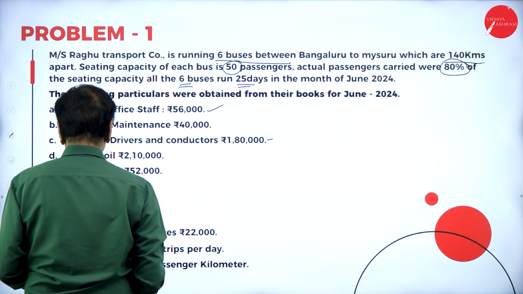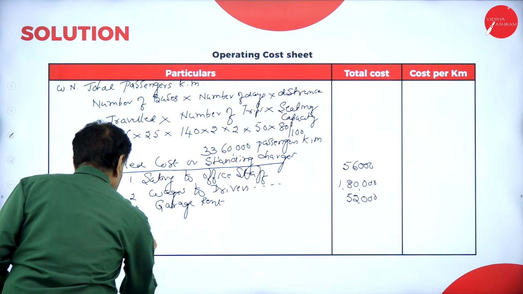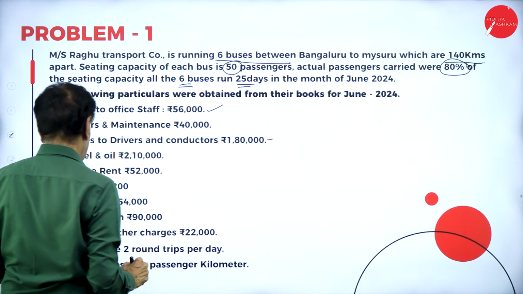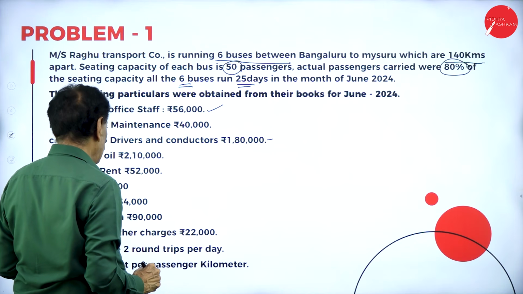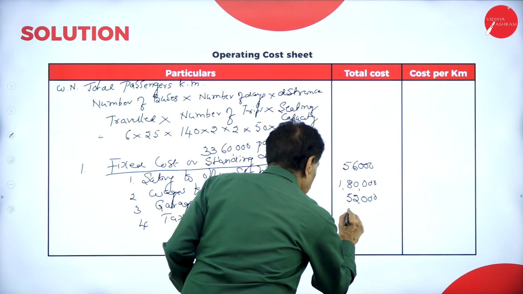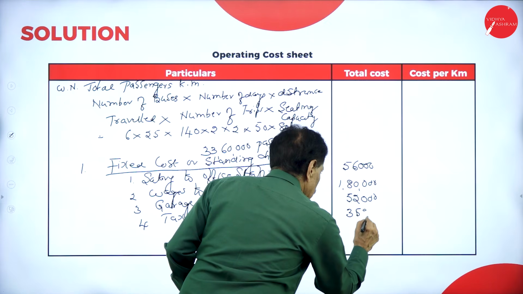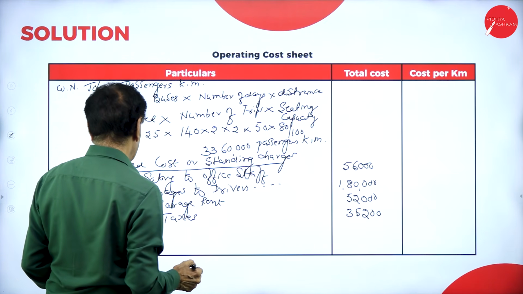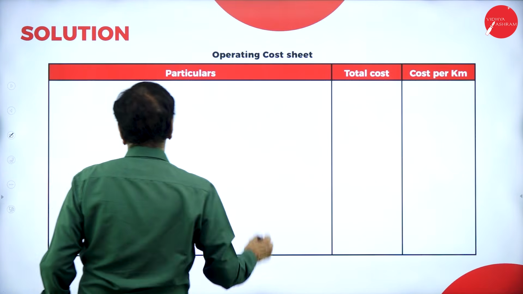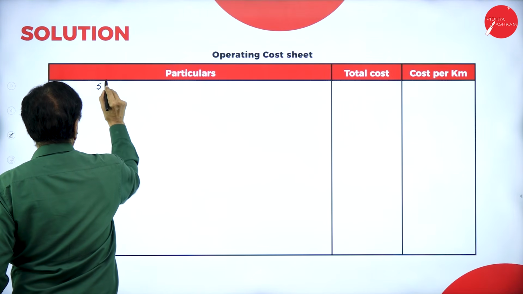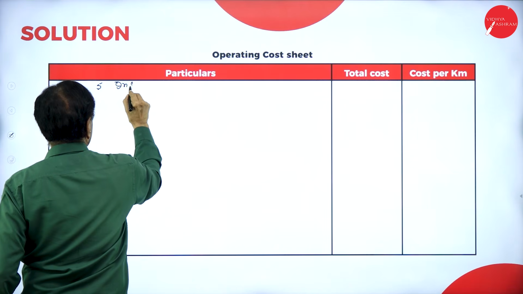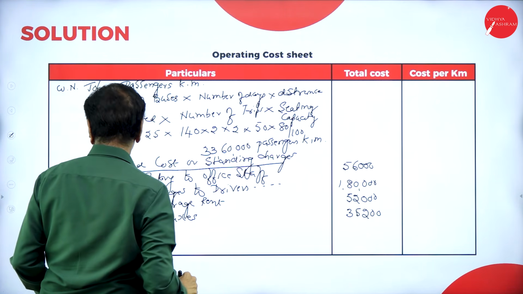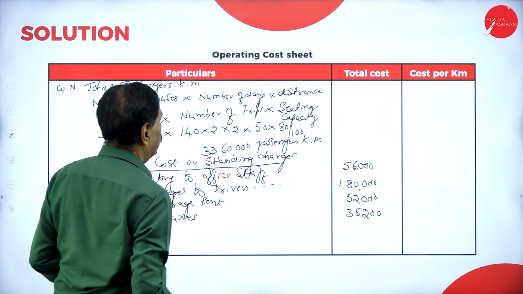Then taxes, 35,200. Number 5, insurance, 54,000.